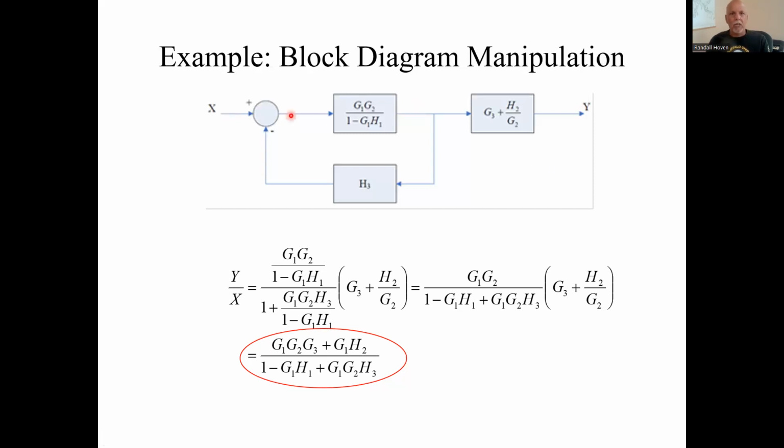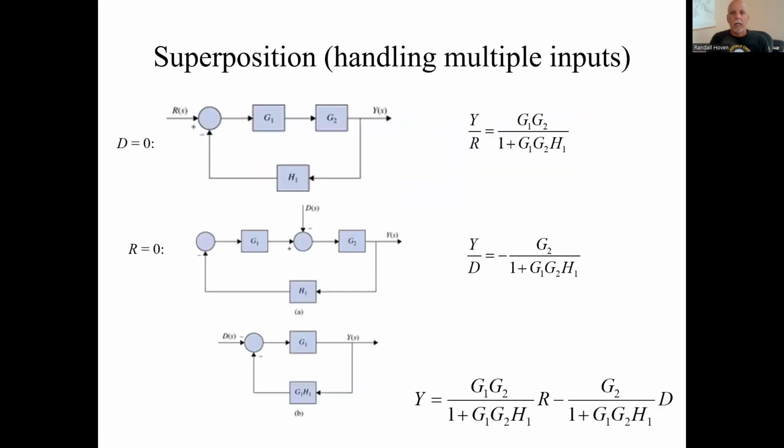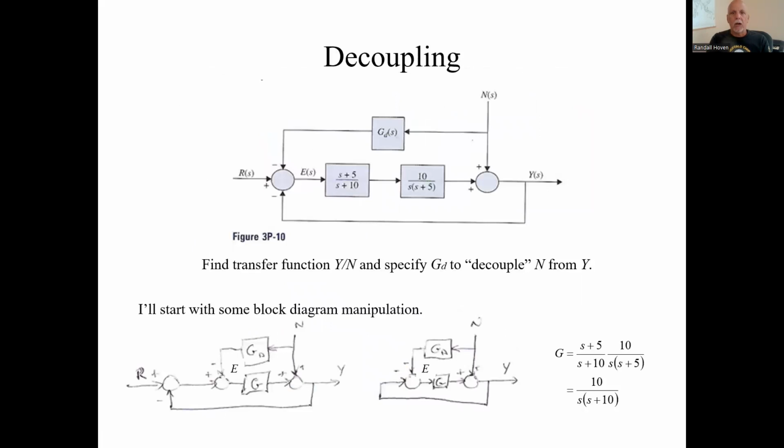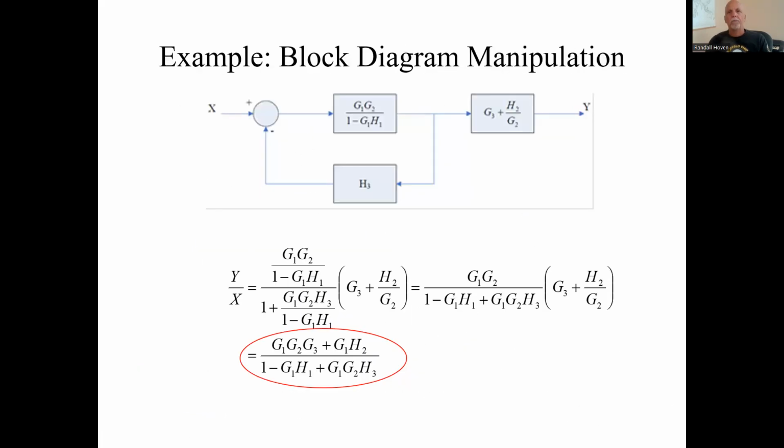Get rid of intermediate signals. Anyway, we did an example of that earlier. I think I'll stop it there for now. We'll cover more. We're not done with block diagrams and Mason's rule and signal flow graphs.